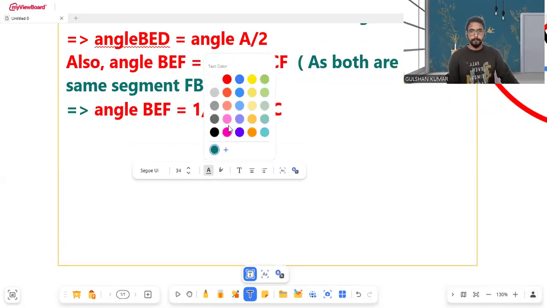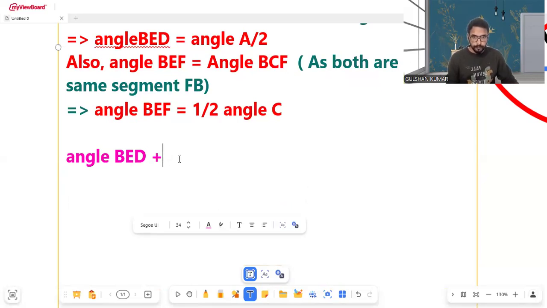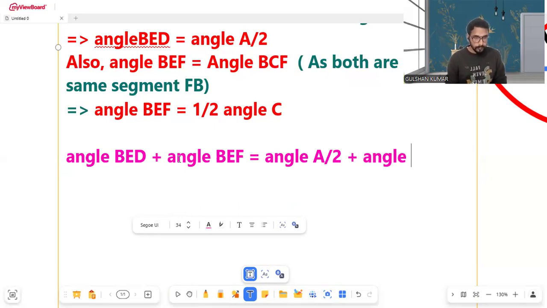now we have, if we are adding both of the angles, angle BED plus angle BEF will be equal to angle A by 2 plus angle C by 2.